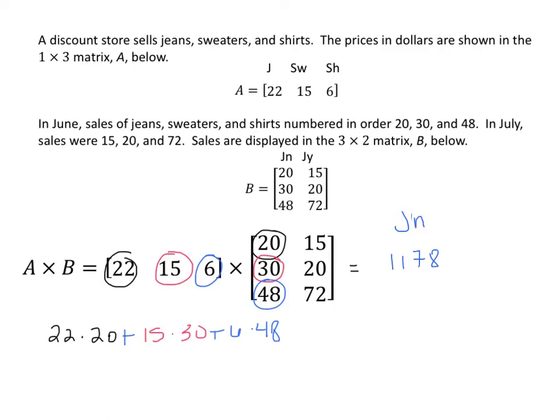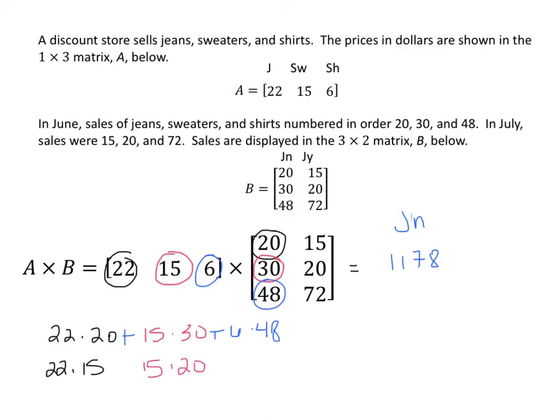I can do the exact same thing for July. The price of jeans times the quantity would be 22 times 15. And then the price of sweaters times the quantity of sweaters would give me 15 times 20.